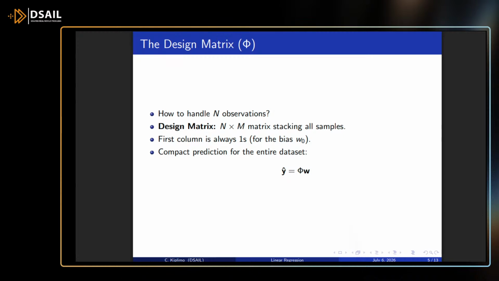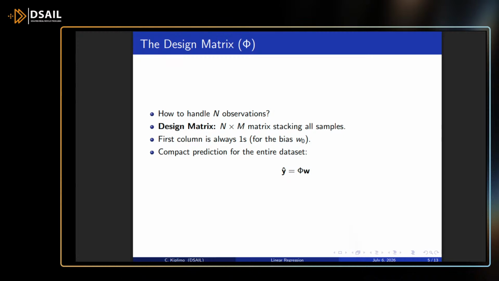We need to keep in mind that this matrix, which we are referring to as the design matrix, is of size not m, but n by m, where n is the number of samples and m should be the number of features.